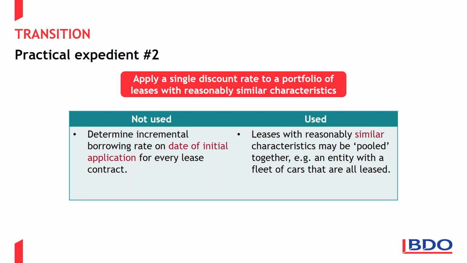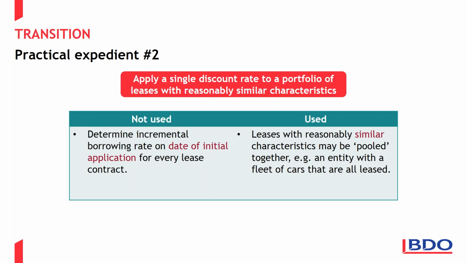For example, a similar discount rate to all our vehicle leases that have a similar term. Often our clients have fleet vehicles where the remaining term for all of them is another 2 or 3 or 4 years. So it's possible to use a single discount rate and you don't have to use an individualized one.